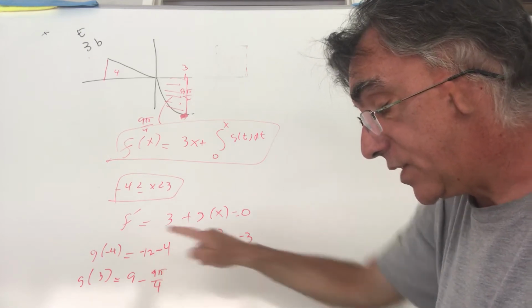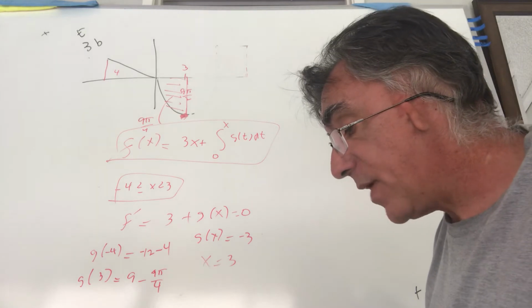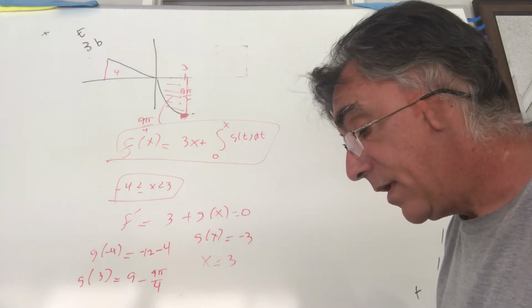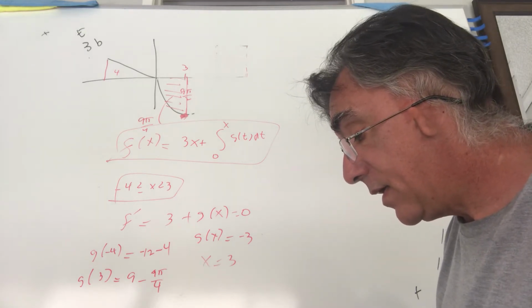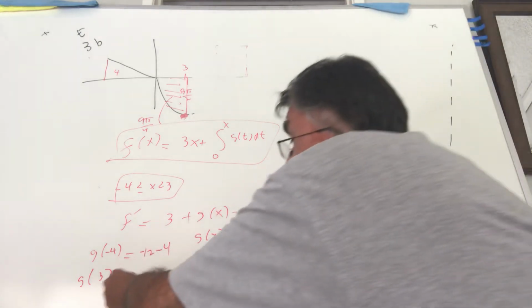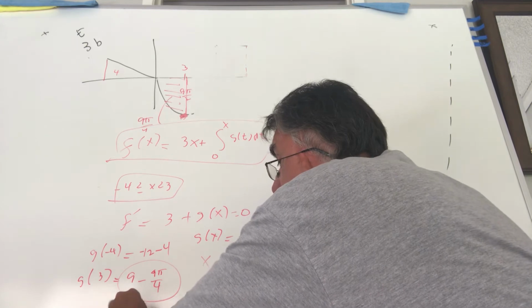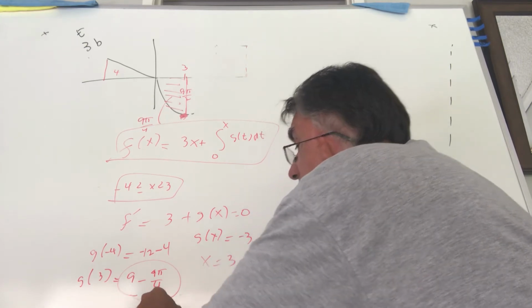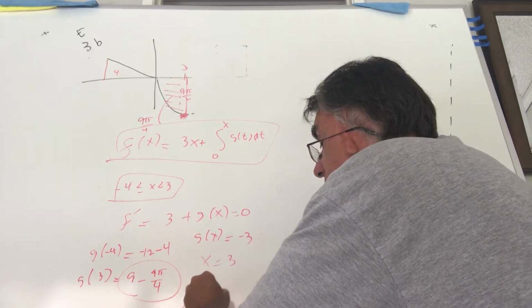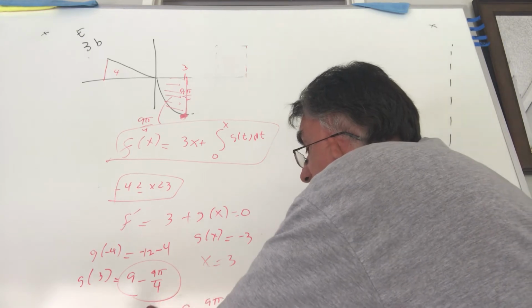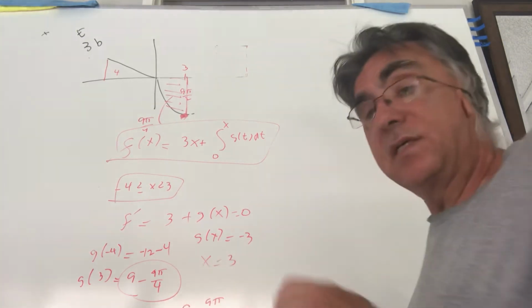So the absolute max is this number, 9 minus 9 pi over 4 at x equals 3.